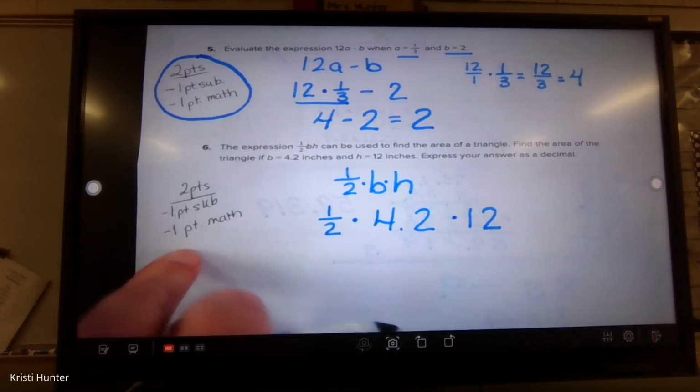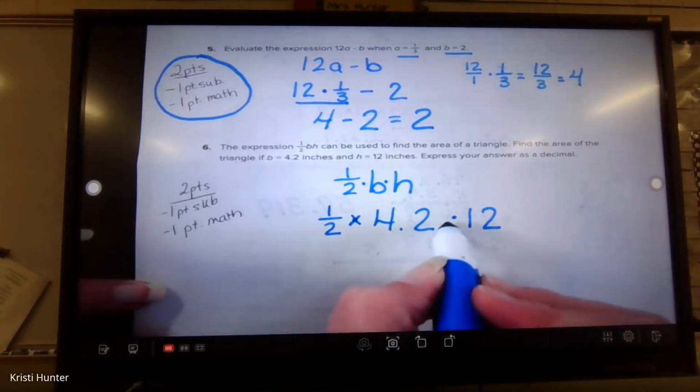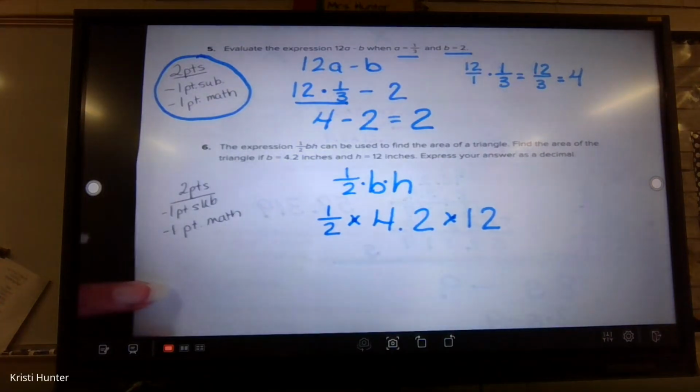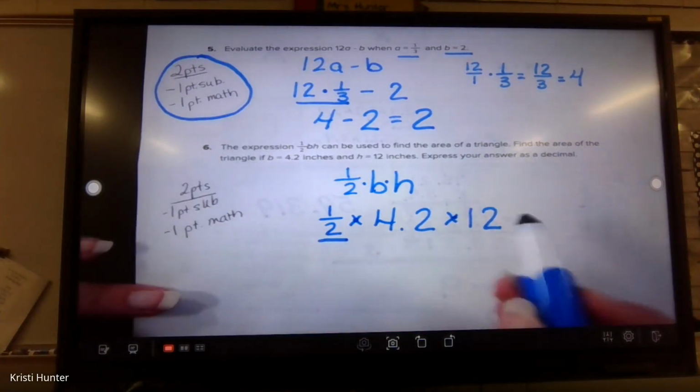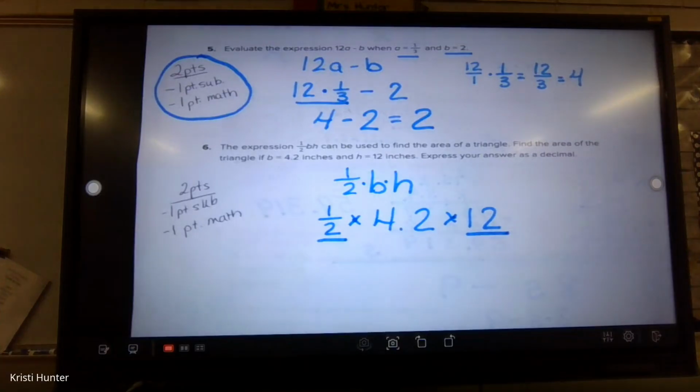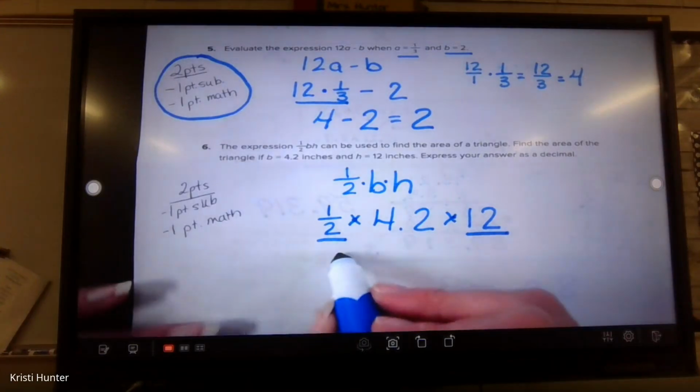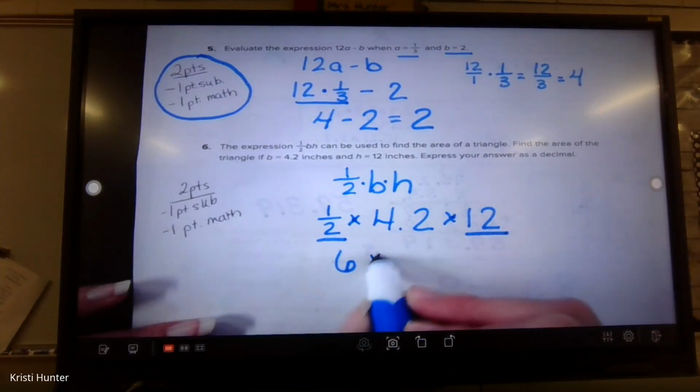Now remember, when we have multiplication, we can multiply in any order. Our associative property says we can associate whatever numbers we want to. We can group whatever numbers we want to. And we talked about during class that it's much easier to put half of 12 into our equation because we know half of 12 is 6.